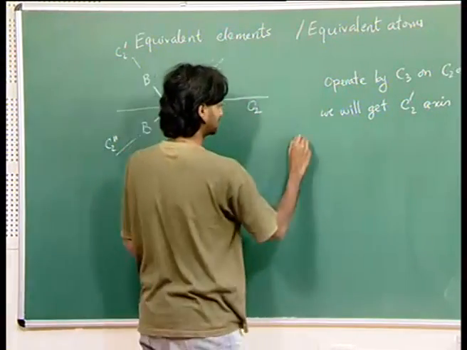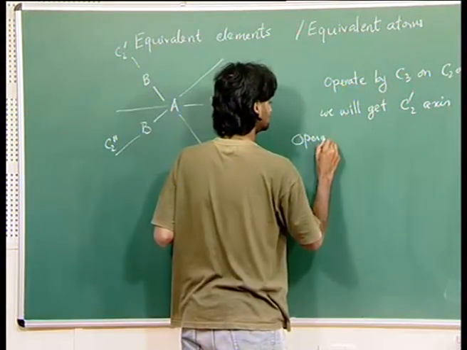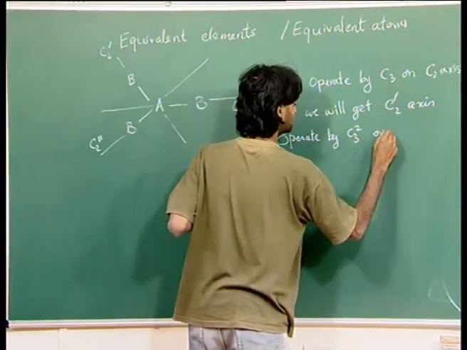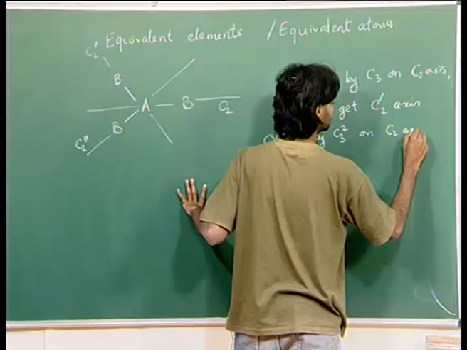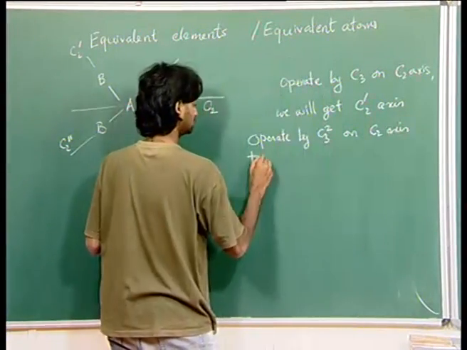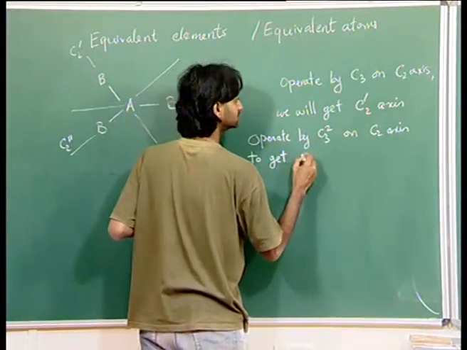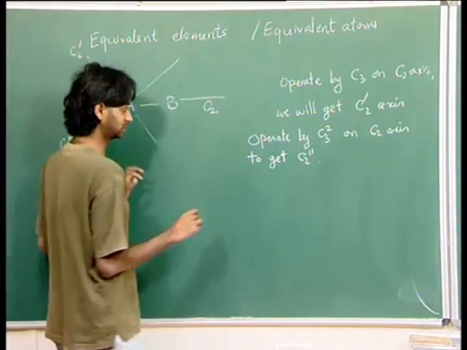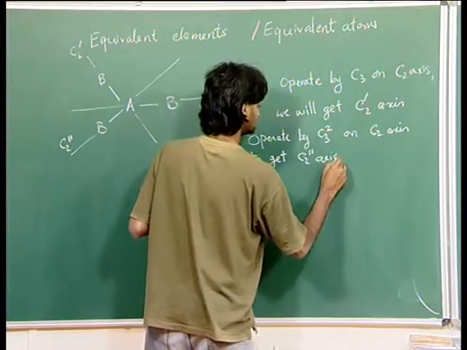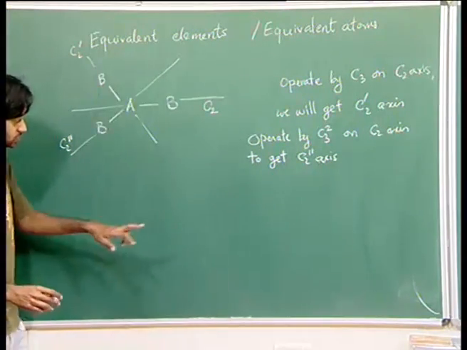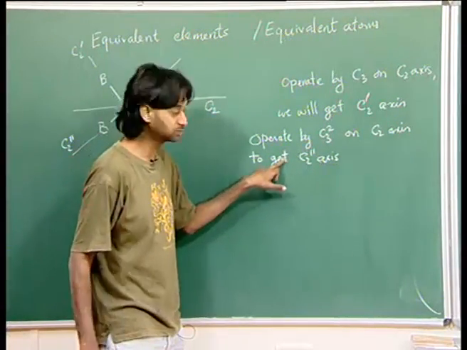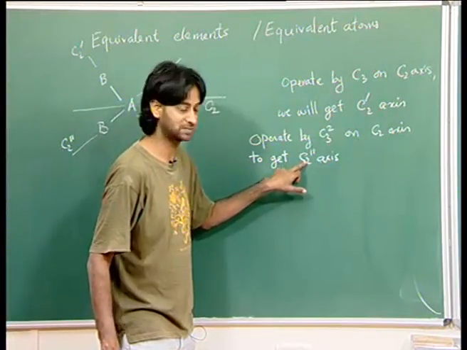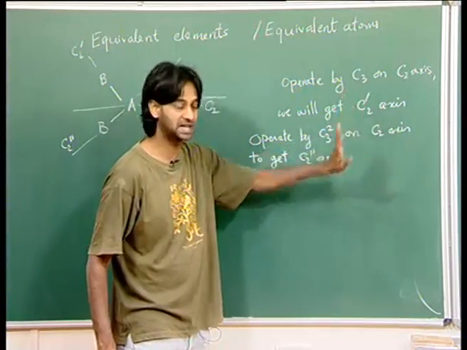So, operate by C3 square on the C2 axis to get the C2 double prime axis. C2 is used both for the axis, both for the symmetry element and the symmetry operation. Here we are talking about the symmetry element.